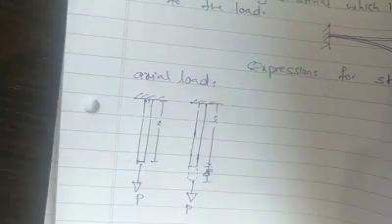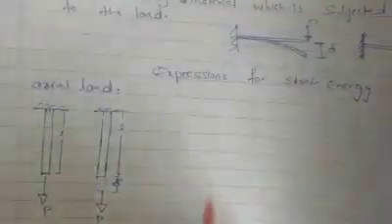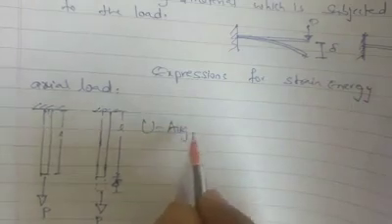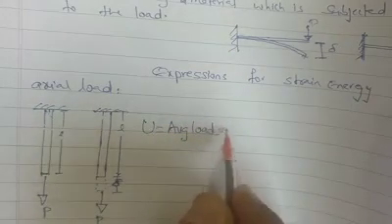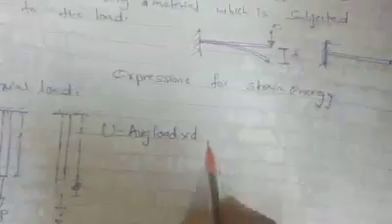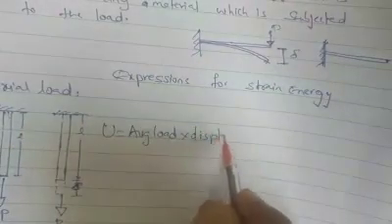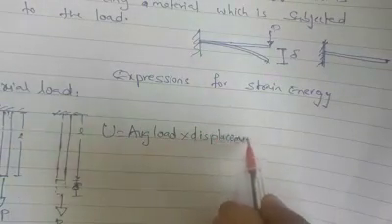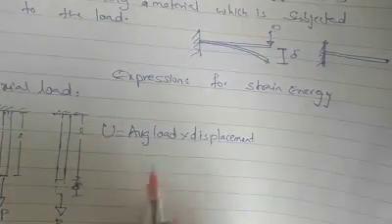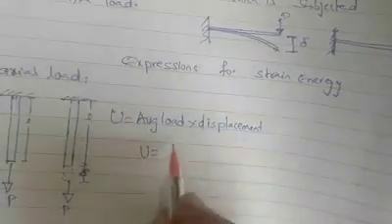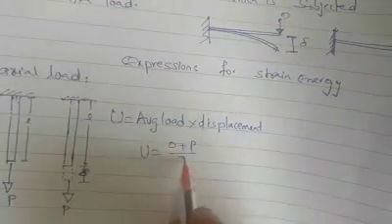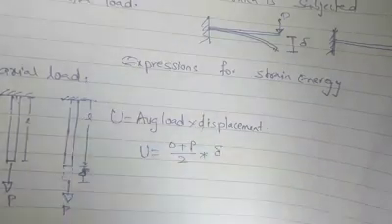The strain energy can be calculated by the formula of work done. Work done is average load into displacement. My average load here is 0 plus P by 2, and displacement is delta.